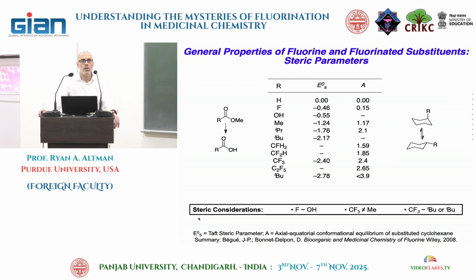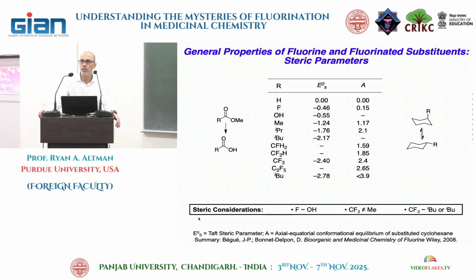And so we can also look at the steric parameters. This slide talks about two different types of parameters, the Taft parameters and then the A values. Taft parameters are used for linear free energy relationships, so everybody's familiar with LFERs.